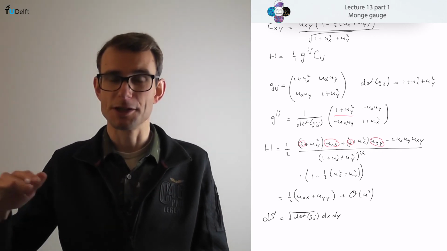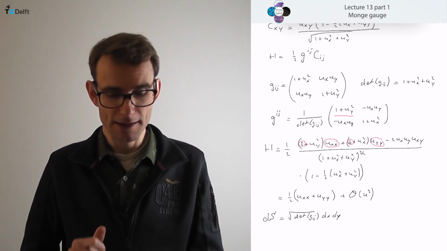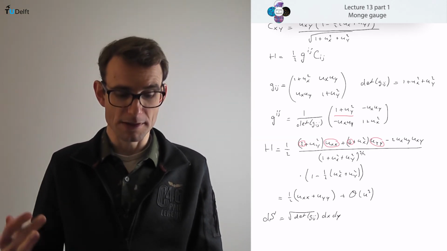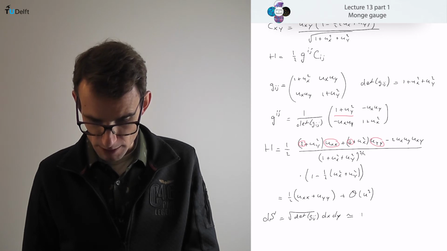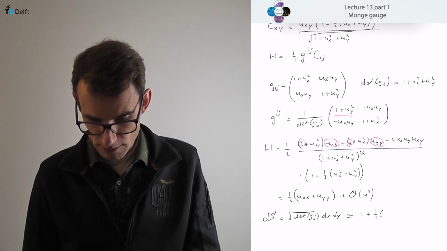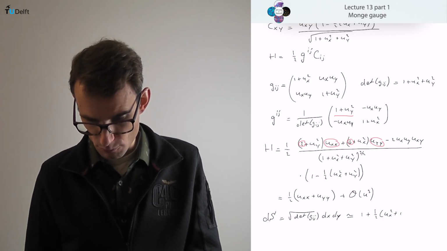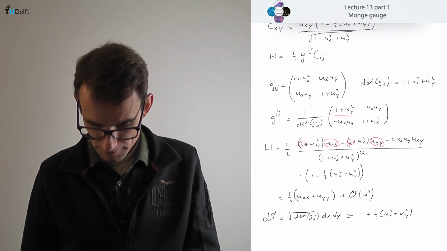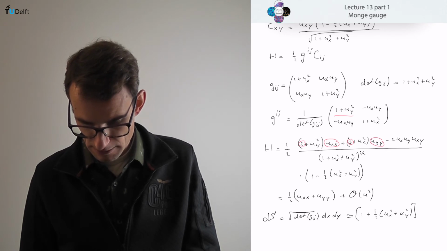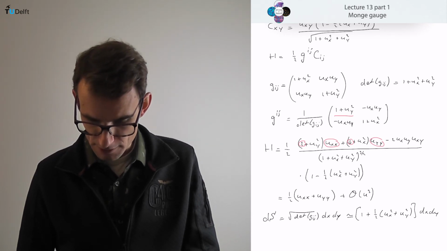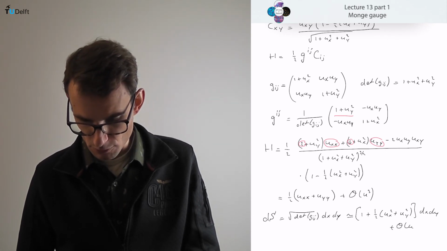If u is always 0, then we still have a finite area. There's no linear term, but there is a quadratic term. And so if we expand this, what we're going to get is 1 plus a half ux squared plus uy squared, plus higher order terms, dx dy, plus order u cubed.